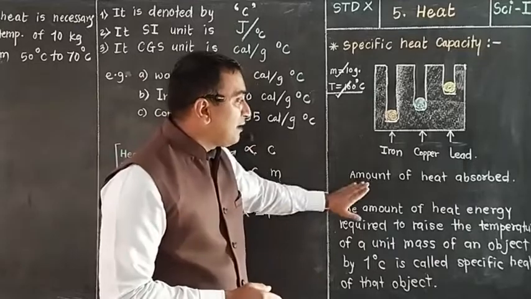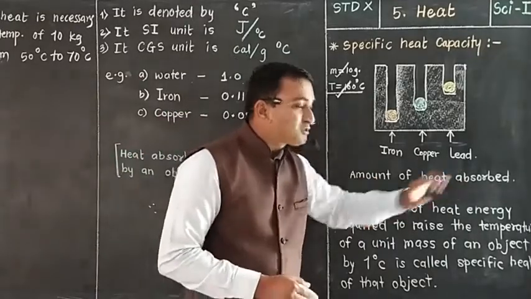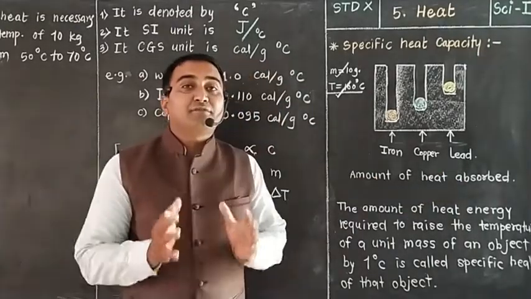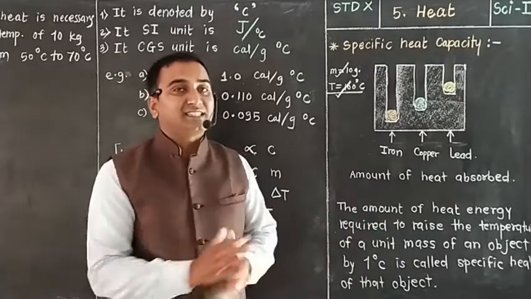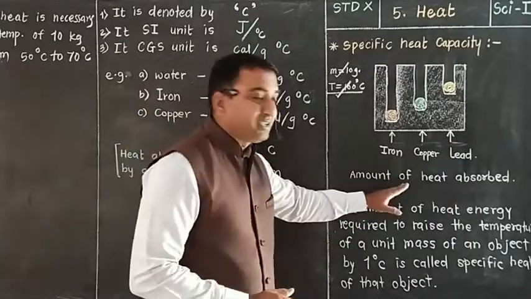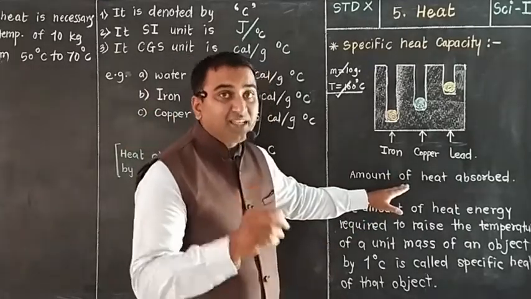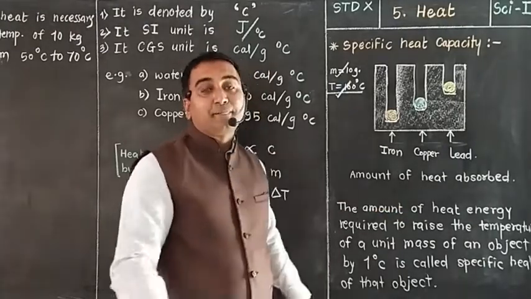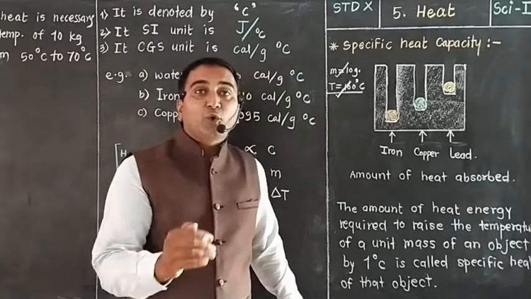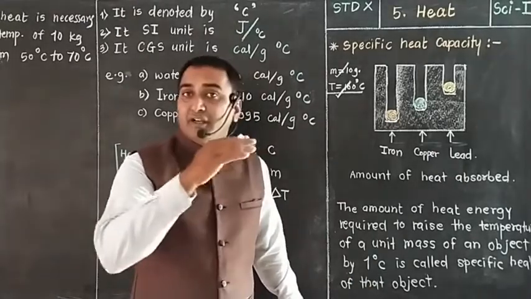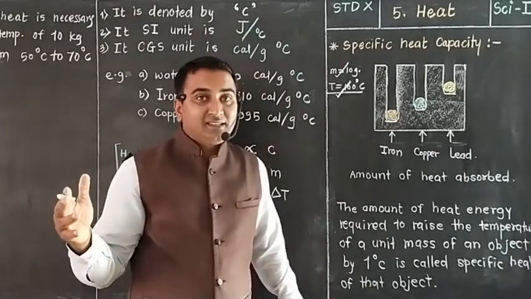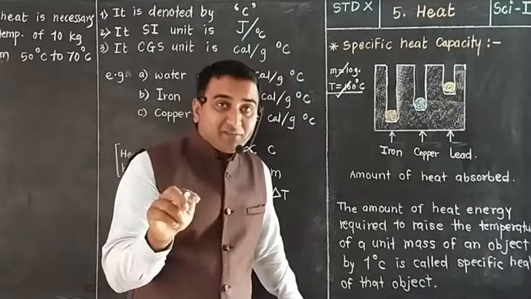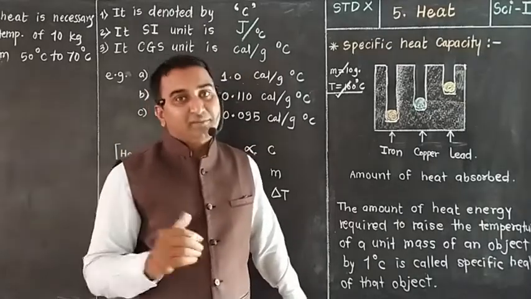That means the amount of heat absorbed is different for different substances, and this property is nothing but specific heat capacity. That means if you provide the same heat to different substances, they will show different temperatures.